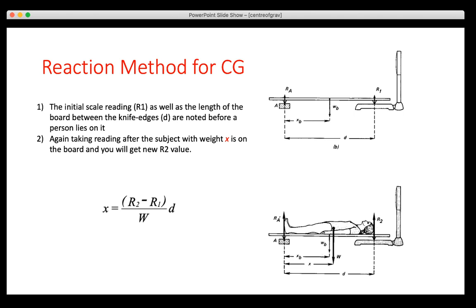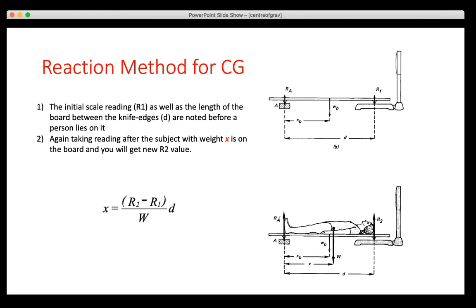What is the idea? You again see the reaction forces, because you know the distance between the two points, from point A on the left side to point B. On the B side, on the right-hand side, there is a force platform which can measure the reaction forces when the person lies down. First you measure R1 without any athlete on it. You have the distance D because it is fixed already.